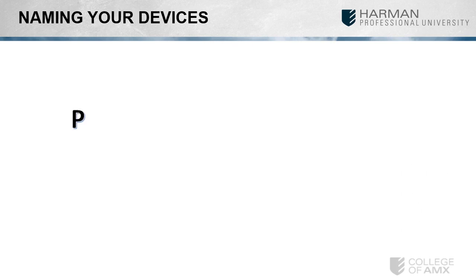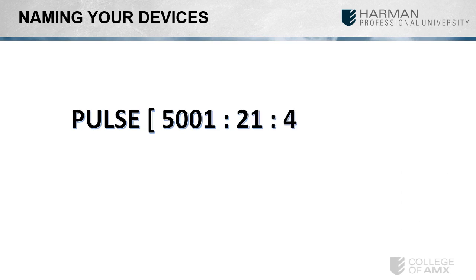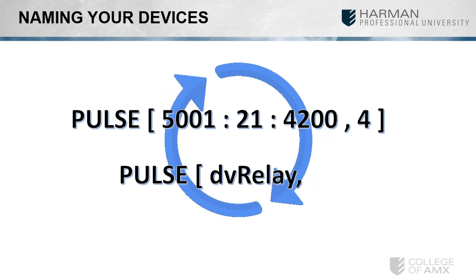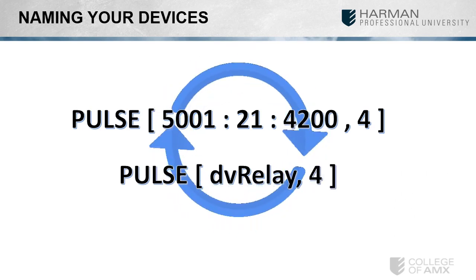For example, Pulse, device 5001, port 21, system 4200, 4 would work just as well as Pulse, DV Relay, 4. Don't worry that you don't understand what all those numbers mean. We're getting to that in a couple of minutes.